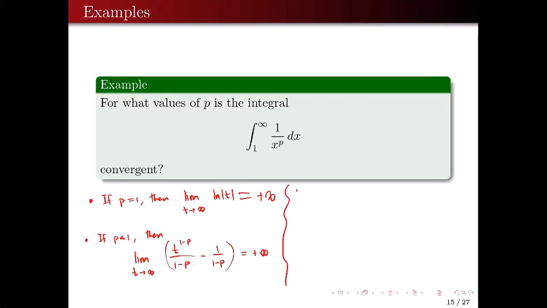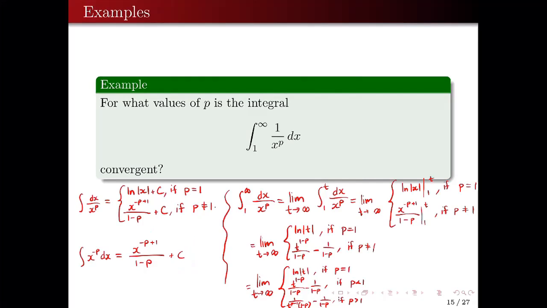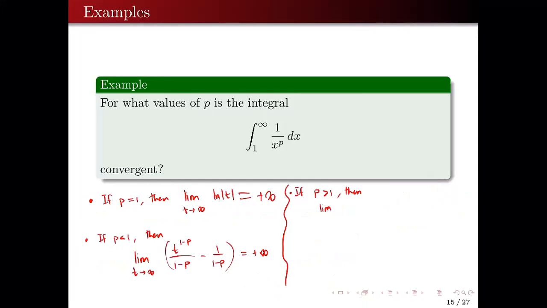And then if p is greater than 1, let us go back to this. You saw I wrote now the t on the denominator. So then we have the limit as t approaches plus infinity of 1 over t raised to p minus 1 times 1 minus p, minus 1 over 1 minus p. And look at this.